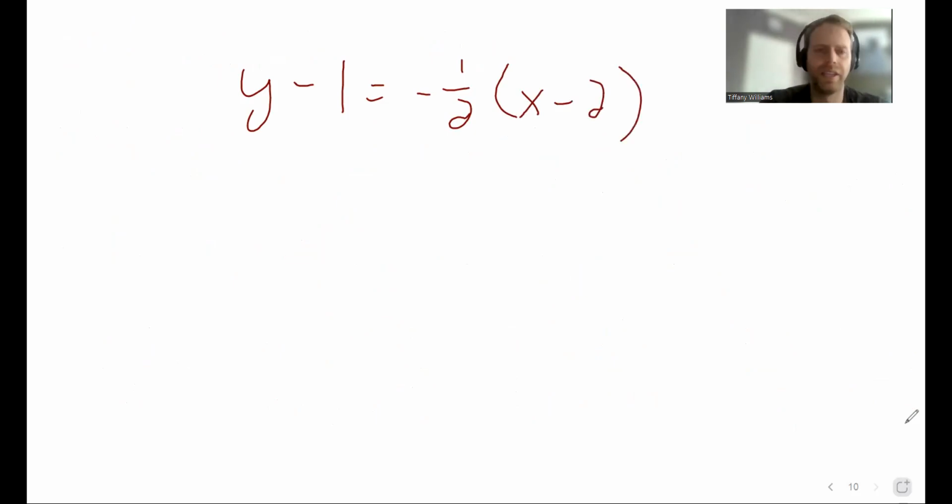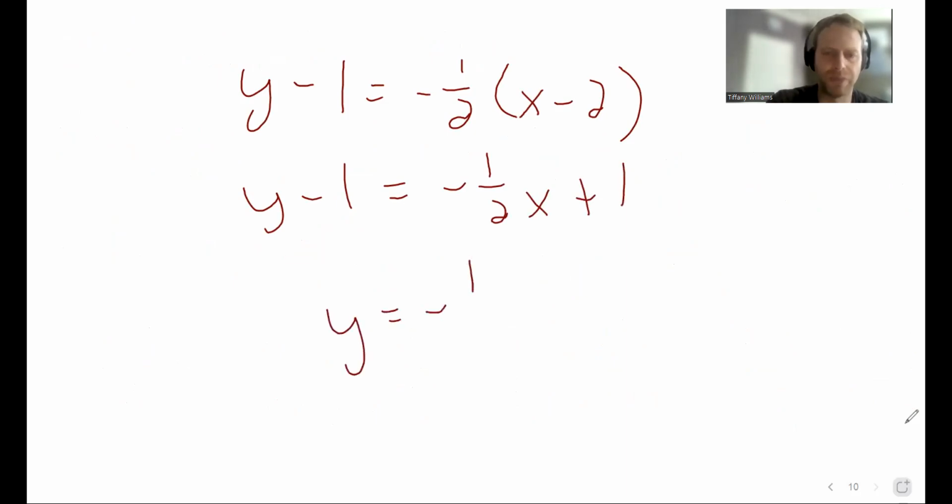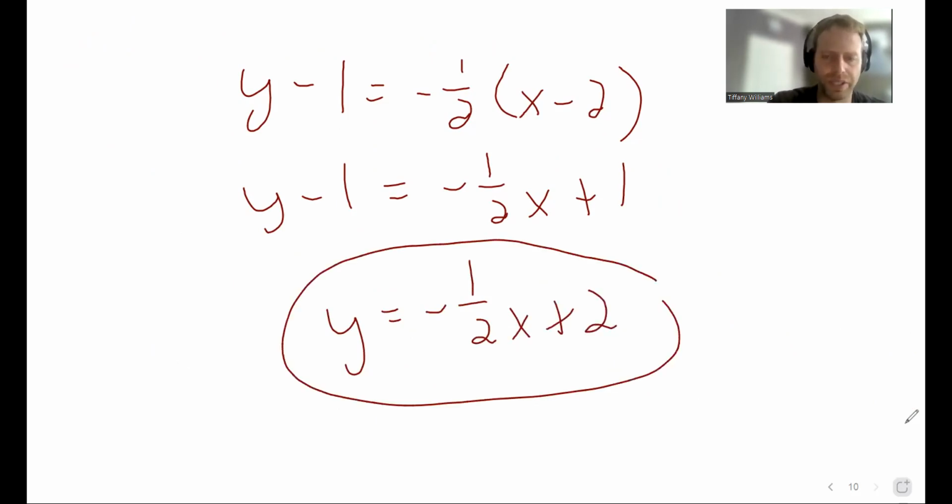Okay. So then distribute that -1/2. So it's going to be y minus 1 equals -1/2 x plus 1. And then add 1 to both sides, you get y equals -1/2 x plus 2. So that is now the equation of your tangent line to that graph at the point 2, 1.